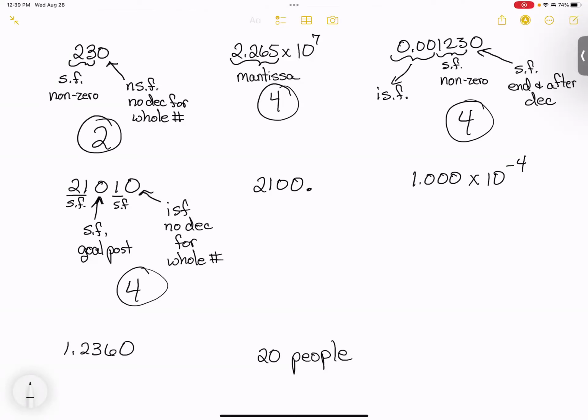This next one, the 2 and the 1 were significant because they're non-zero digits. But in this particular case, the zeros were also significant because the decimal point is showing.